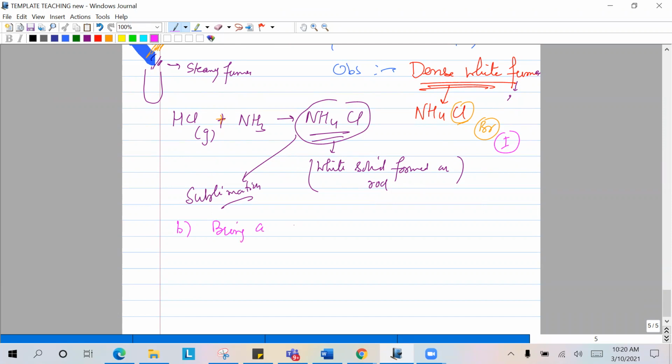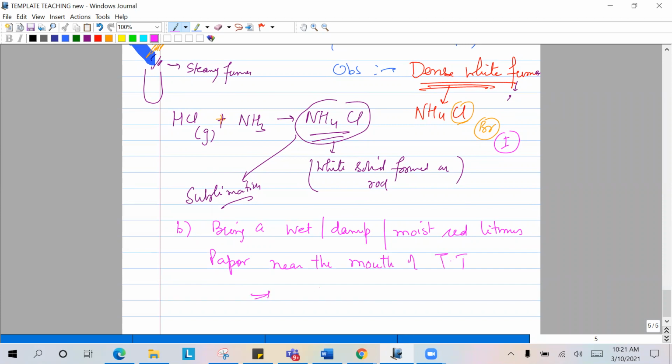bring a wet, or damp, or moist red litmus paper. We did this when we were talking about the test for ammonium ions. Bring the wet, damp, or moist red litmus paper near the mouth of the test tube.